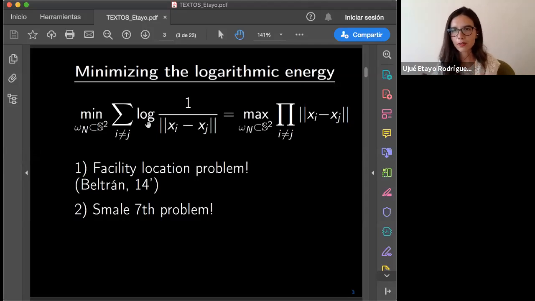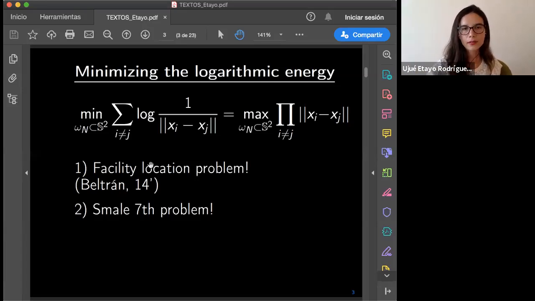The other way around is not that easy. But I want to mention those are the principal problems regarding this minimization of the logarithmic energy. One, where should I place the points? Two, what's the value of this minimal logarithmic energy for any n? These are two well-known problems related to this minimization.